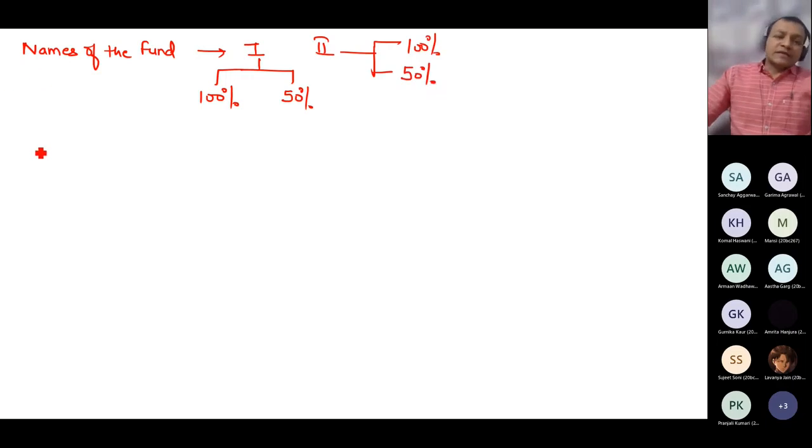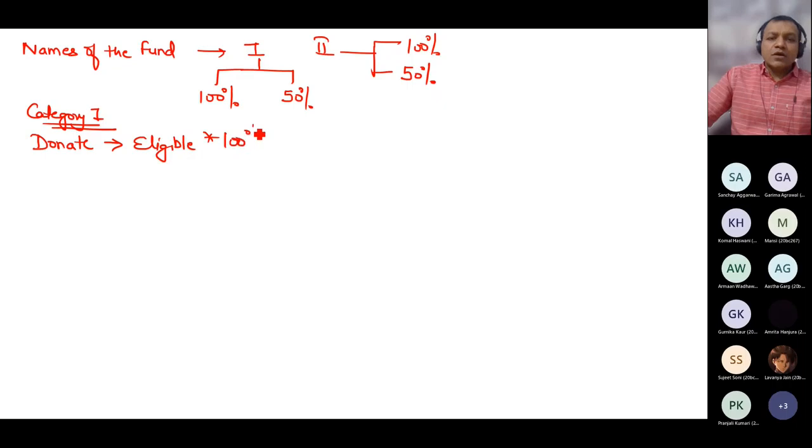Now I'm moving to my second stage of concept within 80G. Whatever you donate, let me repeat this. In category 1, whatever you donate is by default eligible. You need to simply multiply it by 100% or 50% as the case may be.